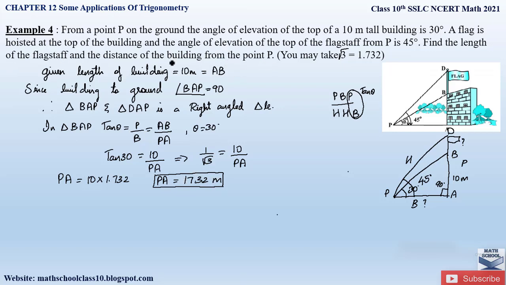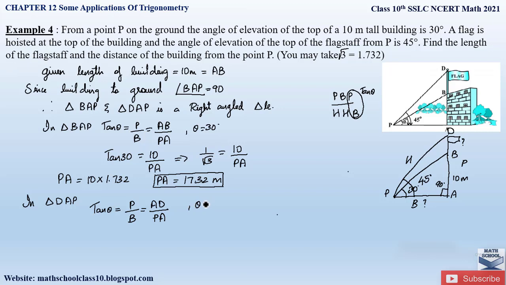Now let us find out the height of this flag, that is DB. Here we have to consider triangle DAP. In triangle DAP, again we apply the tan trigonometric ratio, since the perpendicular and the base come into the picture, right? So tan theta is equal to perpendicular by base, where the perpendicular is AD divided by the base PA.